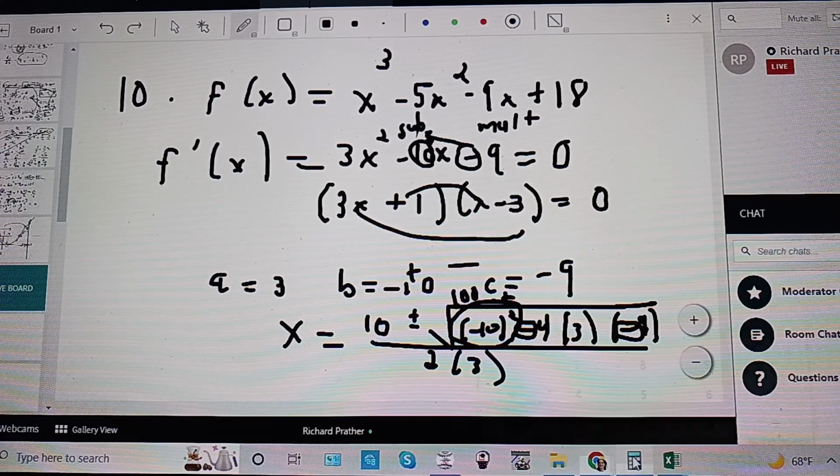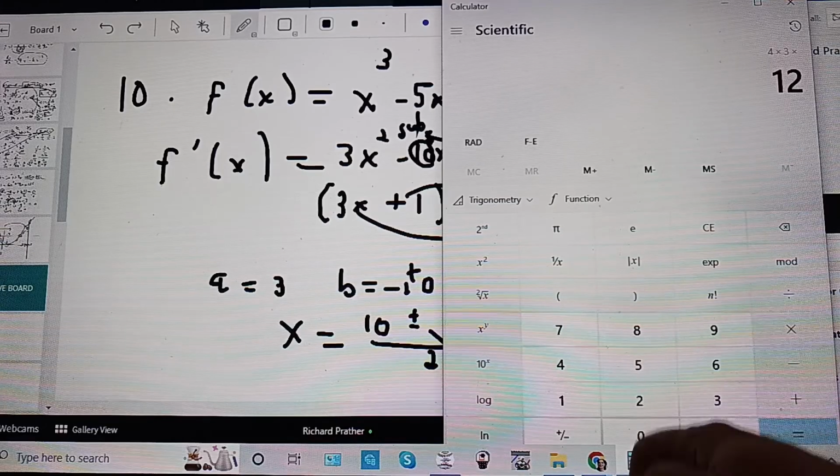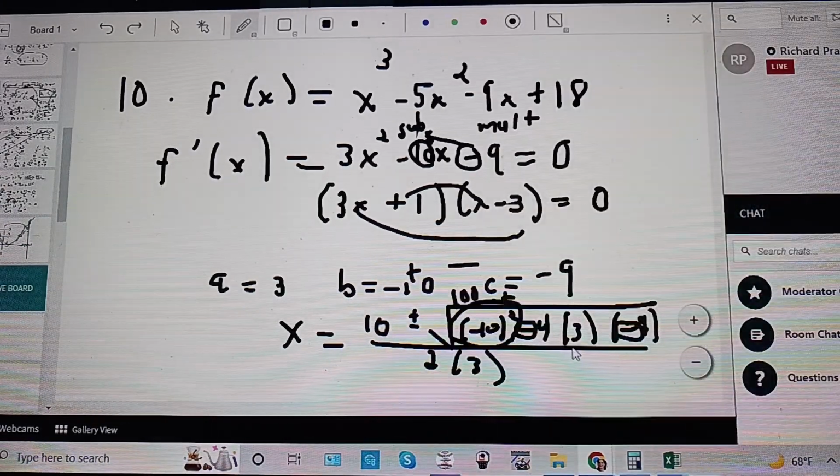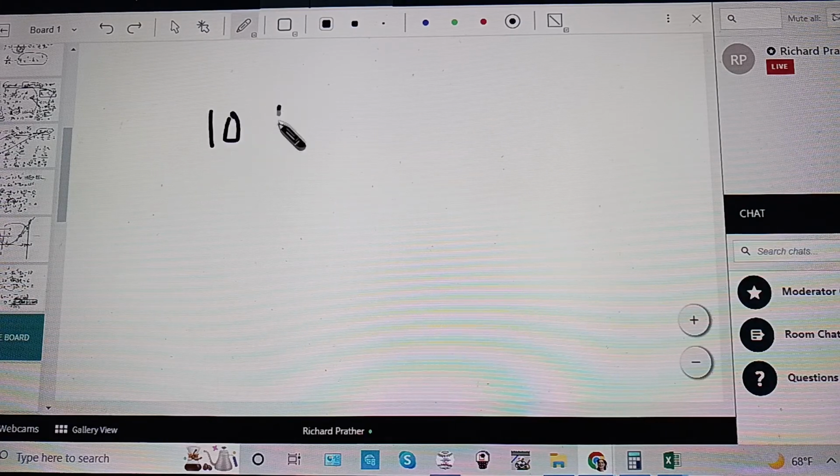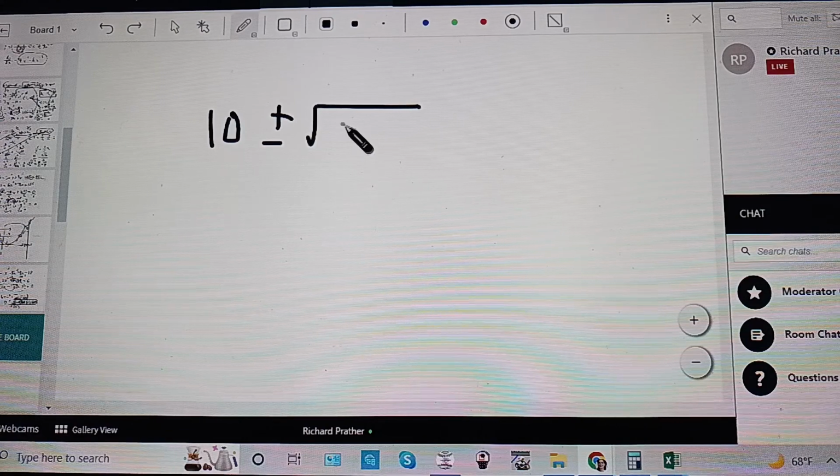And then just do 4 times 3 times 9. 108. So 100 plus 108 is 208. So what I have is 10 plus or minus square root of 208 all over 6.